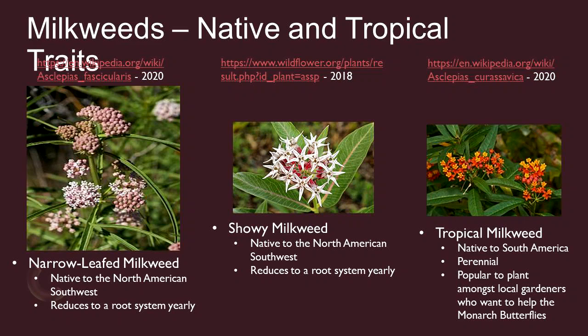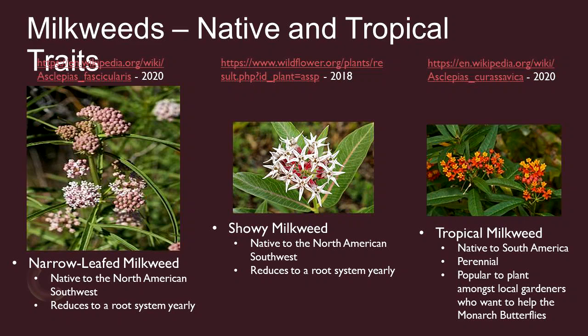The two native species, Asclepias fascicularis and Asclepias speciosa, are native to the North American Southwest and seasonally reduced to a root system, with their entire above ground body dying off, and only the root system remaining to then regrow when the weather is warm again.